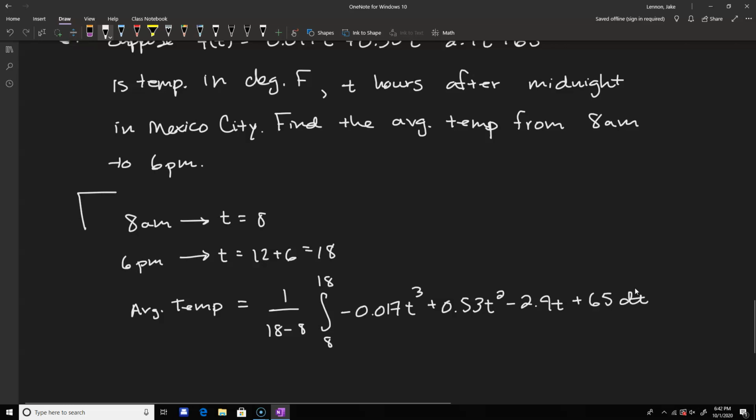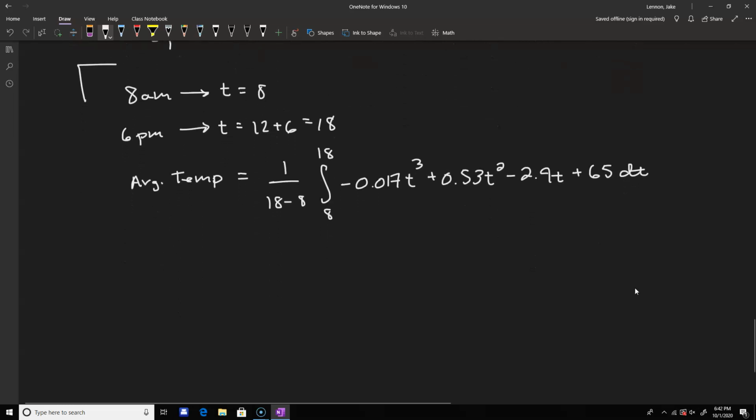Again, there's some decimals involved, so you may need to use your calculator, but in essence, it's just a polynomial. So we're just adding 1 to the power of t for each term and then dividing by that number.